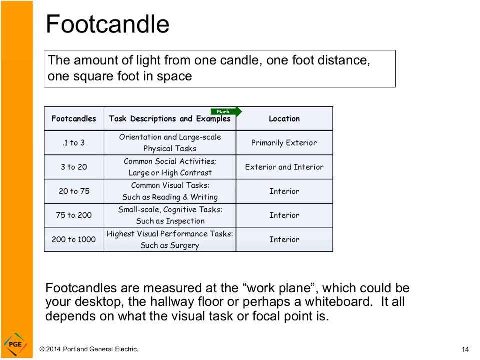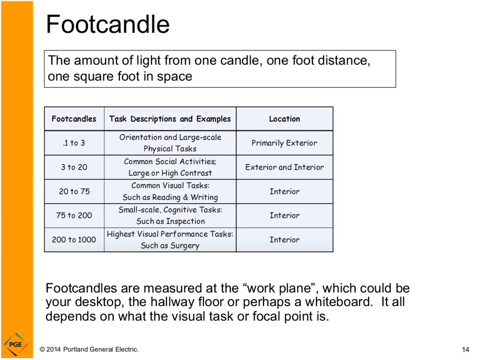So for low light levels, 0.1 to around 3, this is orientation and maybe large-scale physical tasks, mostly exterior. This 3 to 20 range, this is common social activities. This is a combination of inside and outside. So 20 to 75 is light levels that we're mostly seeing indoors for reading and writing, common visual tasks.